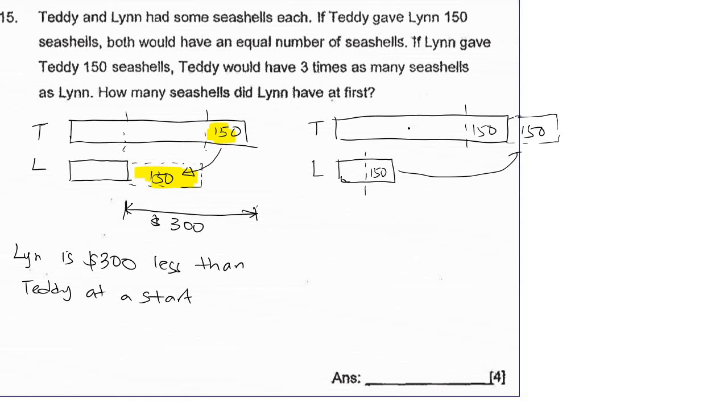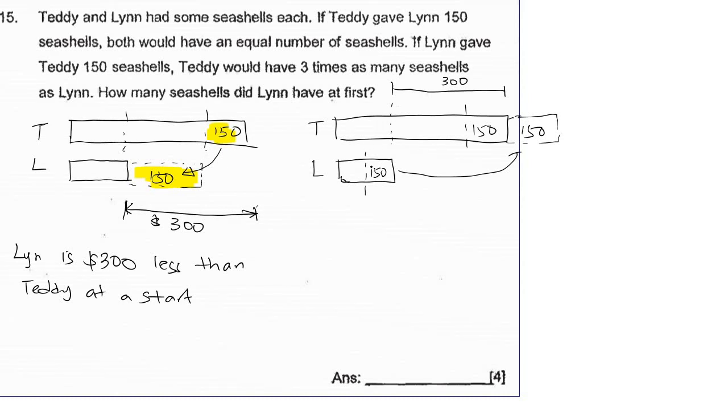So now I see how much lesser Lynn will have after she gave 150 to Teddy. Because you already know that at the initial stage, she is already 300 less than Teddy. This portion here is here, correct? For the initial stage.